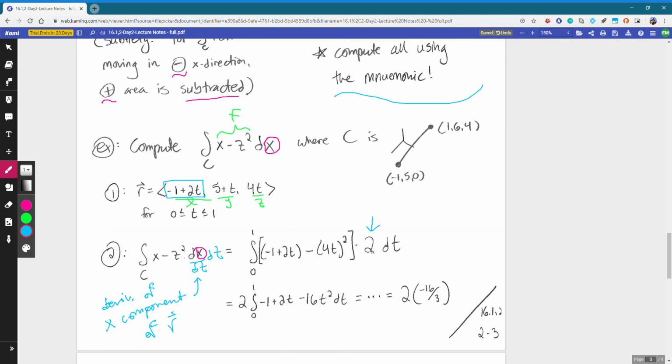At this point, computing this integral follows very much the same route as our standard line integral that we computed last time. We can take this 2, pull it out front. We're going to get the same antiderivative as before, just with a different constant out front. And this is what we get as our final answer if you want to work through the details there.